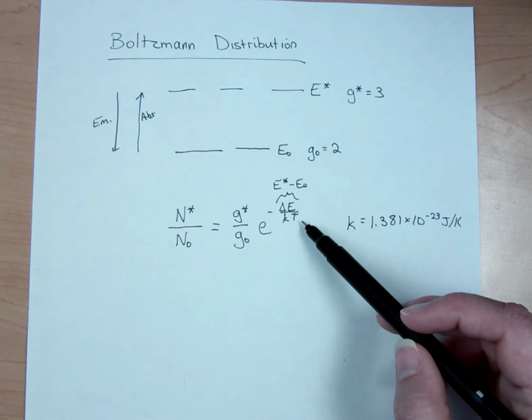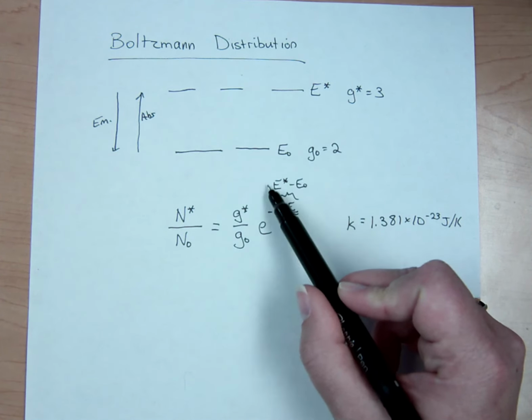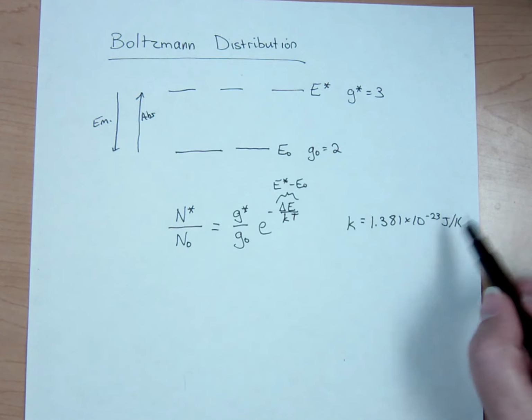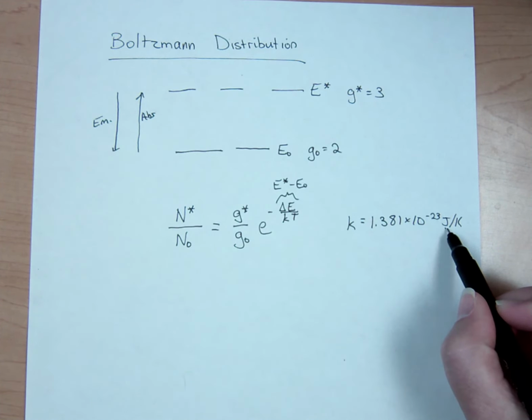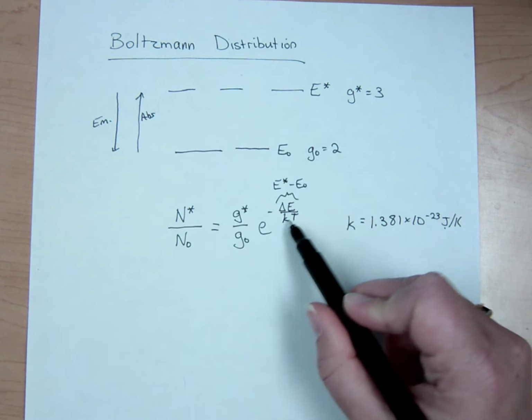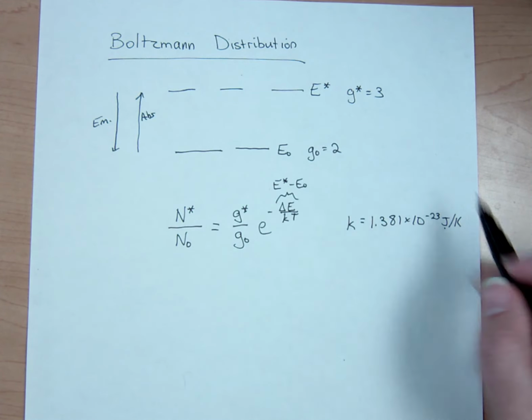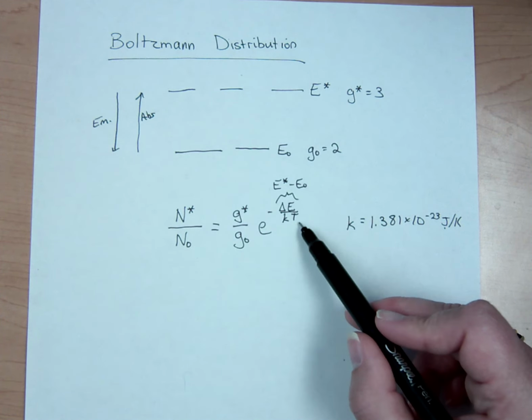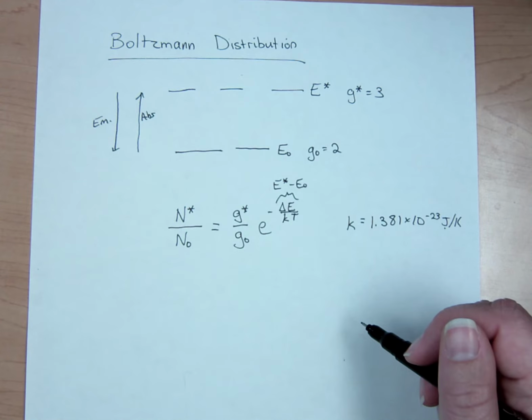Now, as you do those calculations, remember to follow the units. This delta E, or difference in energy, is going to need to be in joules in order to make the joules cancel with the Boltzmann constant. And your temperature needs to be in Kelvin in order to cancel those units as well.